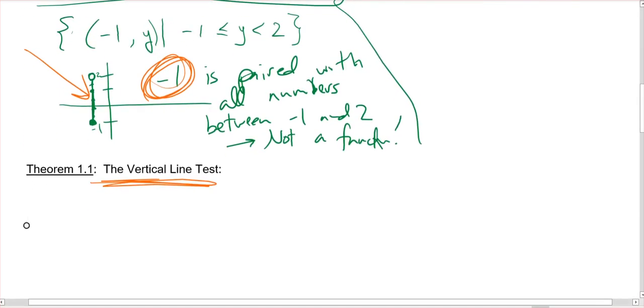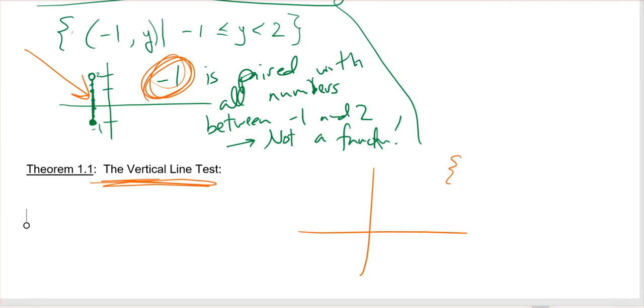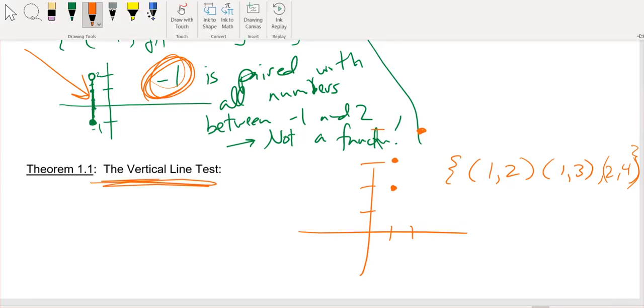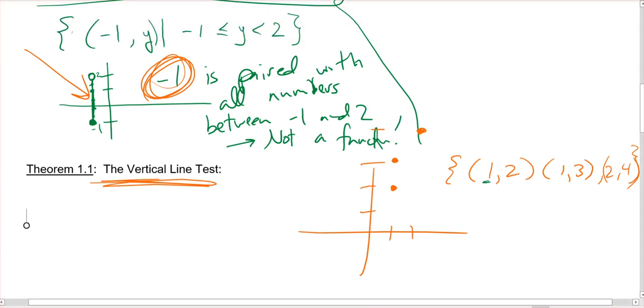So maybe look at another example here. If I've got one that's not a function, maybe we can think about something similar to what we had above. So here are my ordered pairs, and if I plot these, I've got (1, 2), (1, 3), and (2, 4). Okay, so we decided up above that this was not a function because we repeated these x values, right?